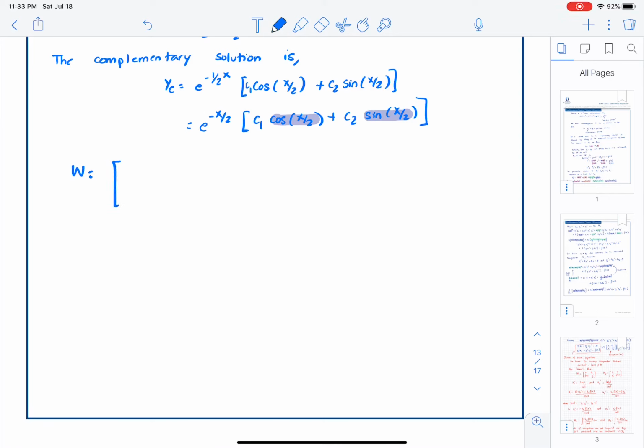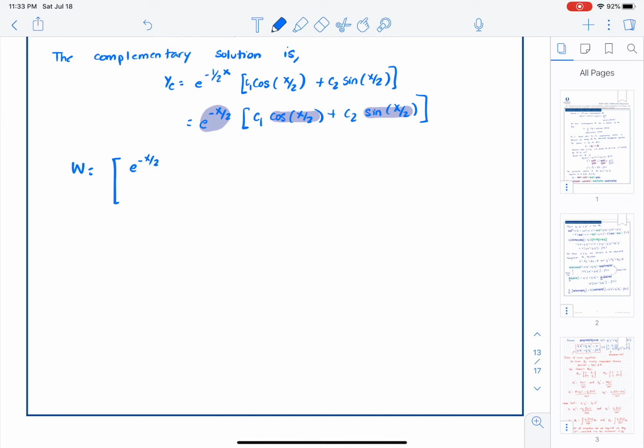We have y1, y2, but we shouldn't forget about that e raised minus x over 2 outside. So we have e raised minus x over 2 cosine x over 2, e raised minus x over 2 sine x over 2. Now before we proceed, we still have to take the derivative using product rule.